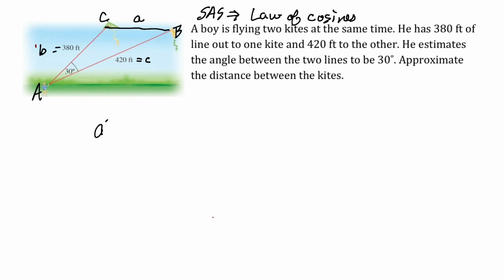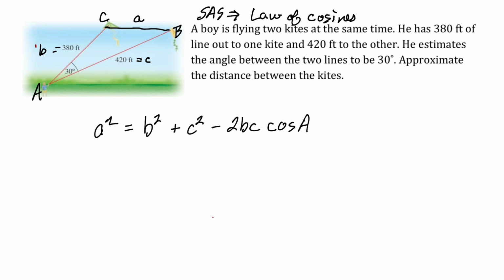So let's go ahead and write our formula. A squared equals b squared plus c squared minus 2bc times the cosine of A. So same formula as before, but this time I don't have to rearrange it at all because I'm solving for a. So I'm just going to substitute straight in here.